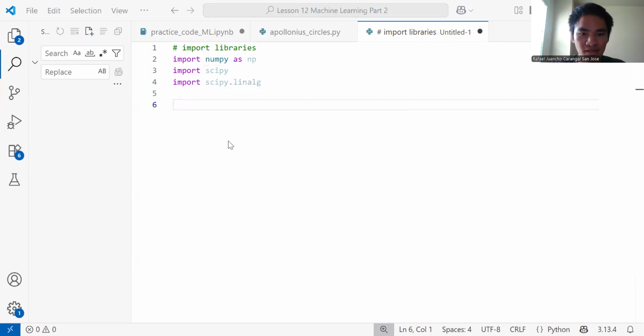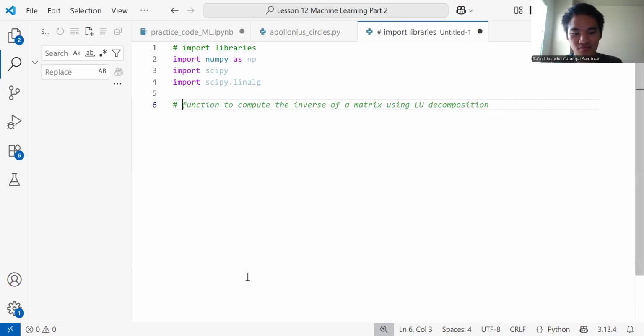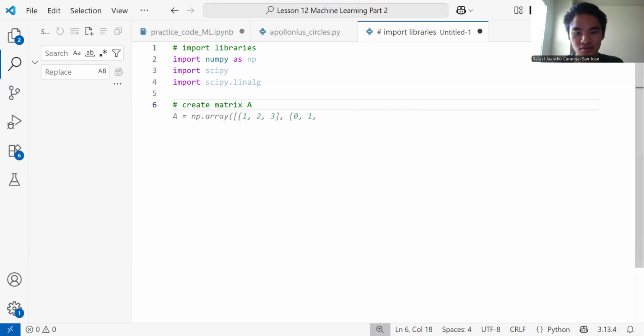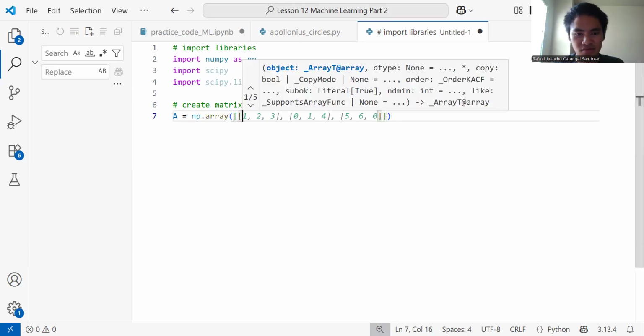The first thing we want to do is create arrays for matrix A and vector B. These are just packages, and we can use them to create some stuff.